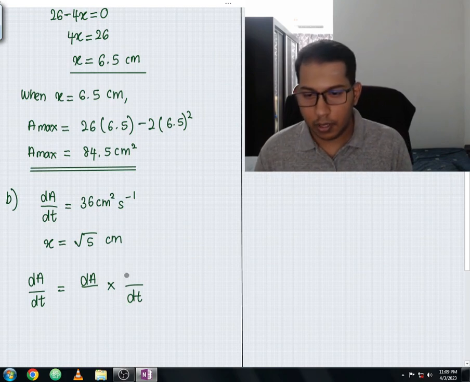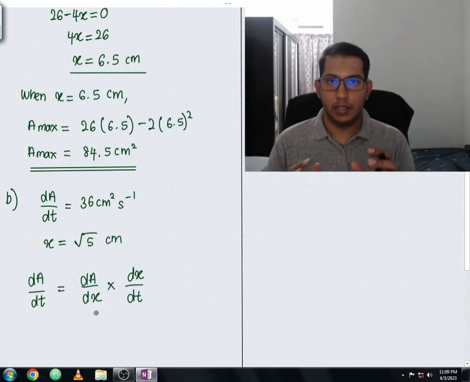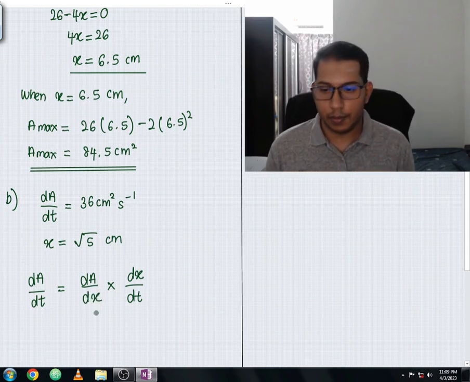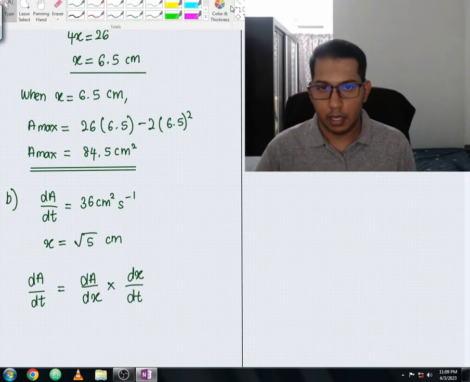And over the top and bottom we're going to put dx. Okay, so this formation of the chain rule is very important for us, and once you get this correct, then the next step will be correct as well. Okay, so let me box this.